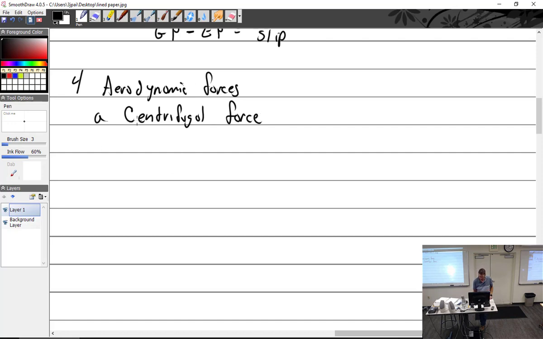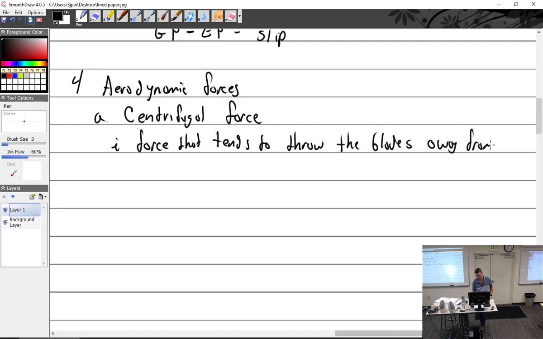Centrifugal force is the force that tends to throw the blades away from the hub. It causes stretching of the blades.